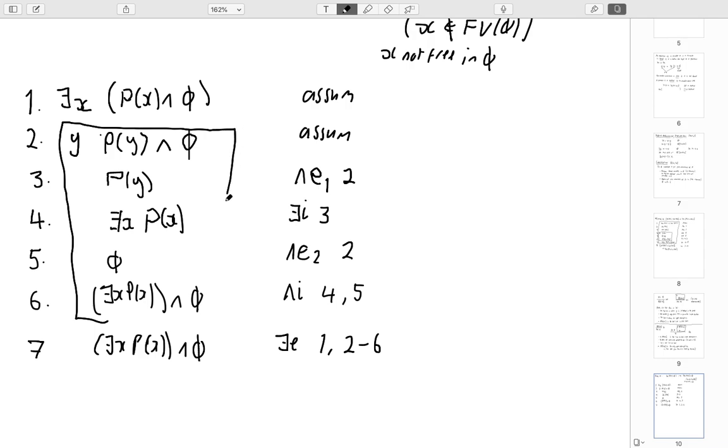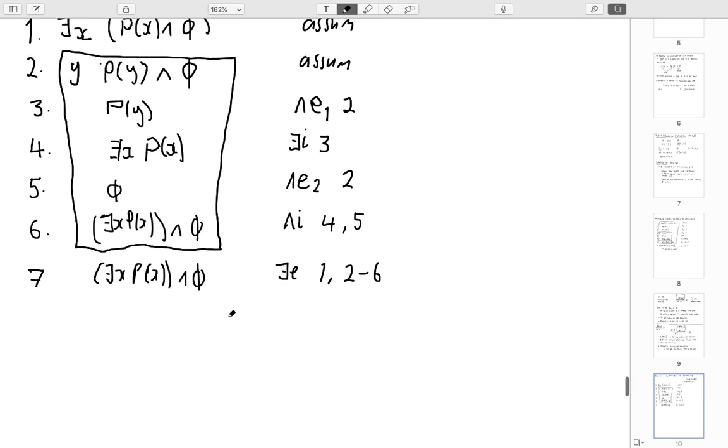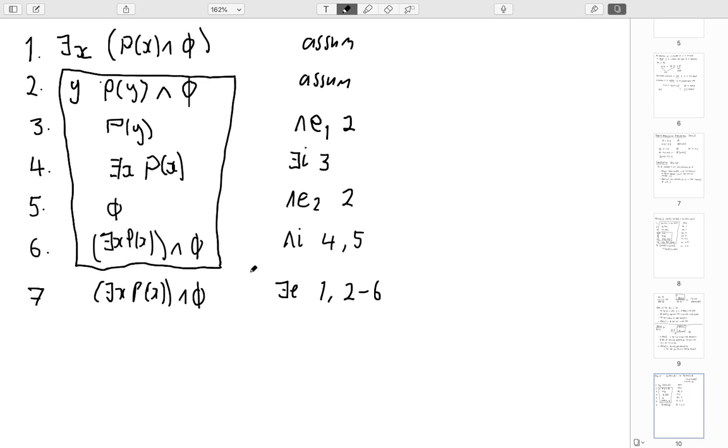This is completing the inference by the exists elimination rule. And now we're in a position, all this part's closed off, we've closed off this assumption that we have shown exists x px and phi from the one open assumption there exists x px and phi bracketed differently.